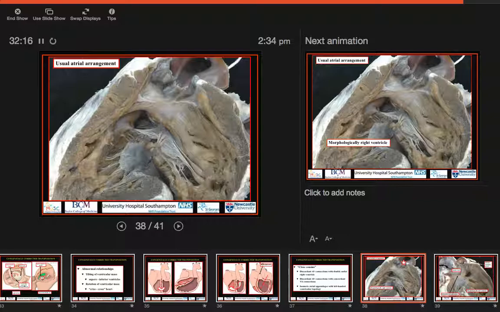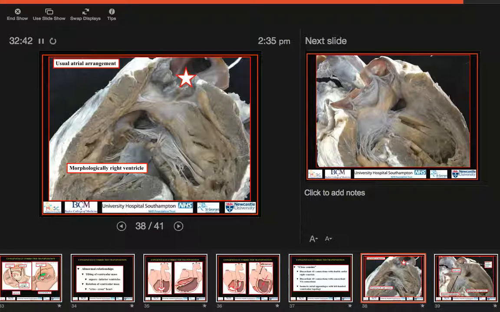So this illustrates the problems that can be produced when you have unusual connections. I hope you will all realize that if you try to put the palmar surfaces of your hands on this ventricular chamber, you can only get your left hand on this morphologically right ventricle. We have left-handed ventricular topology.